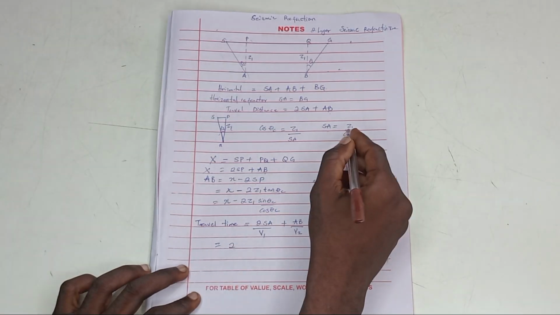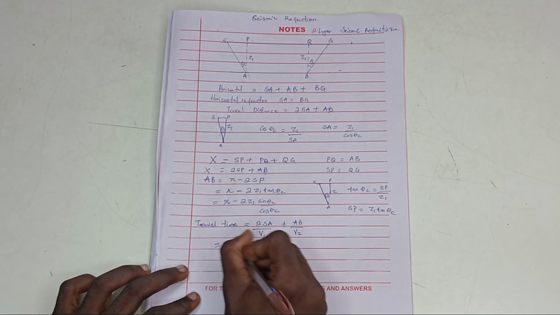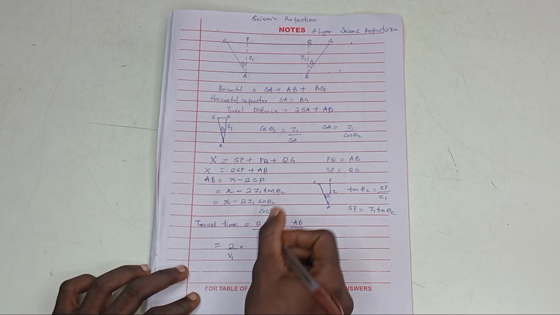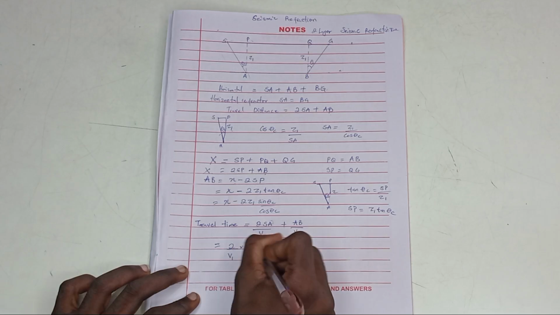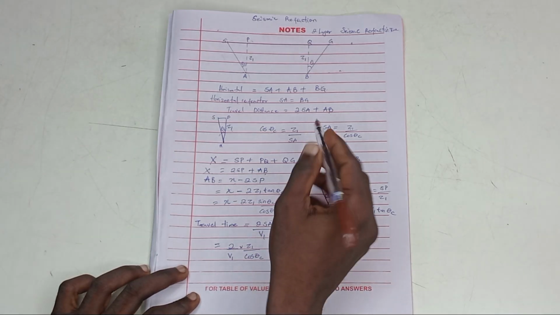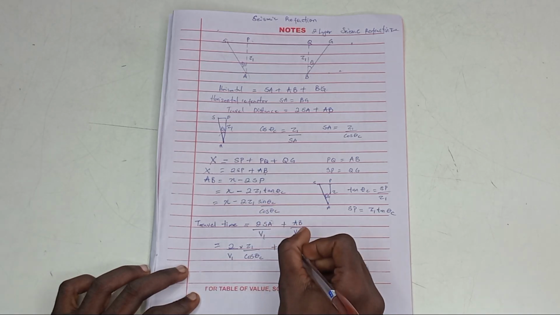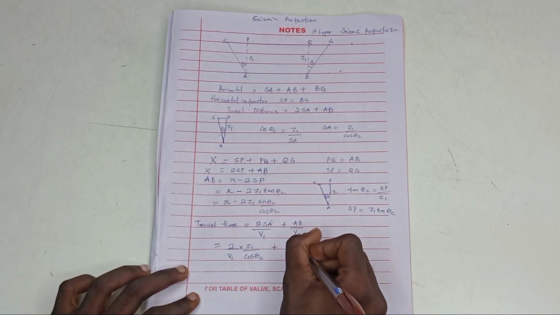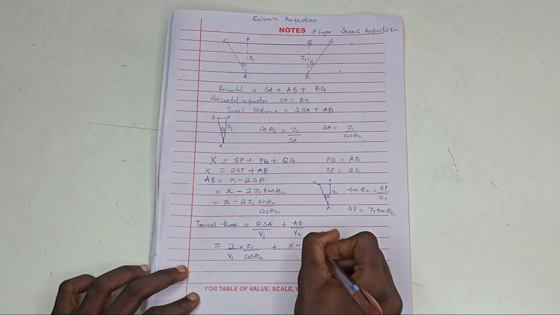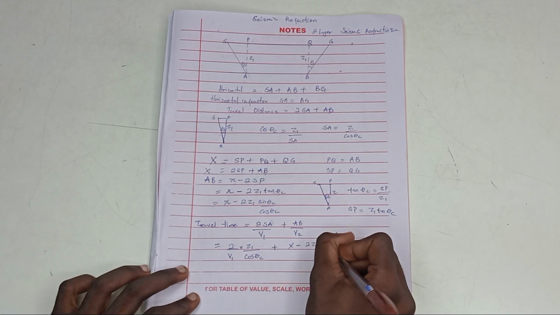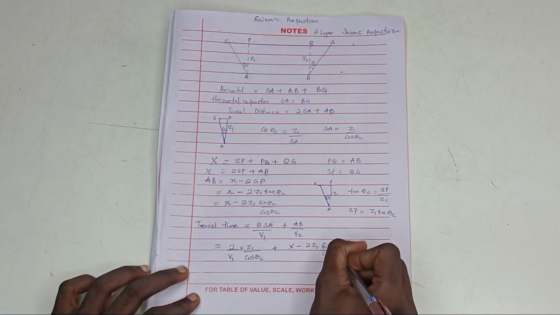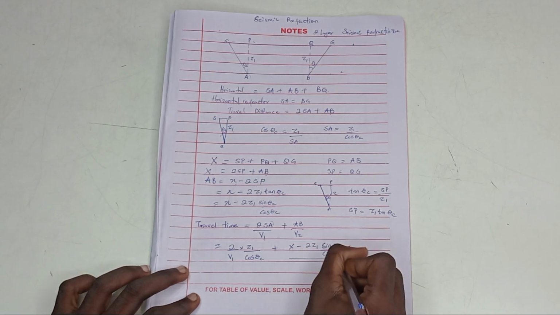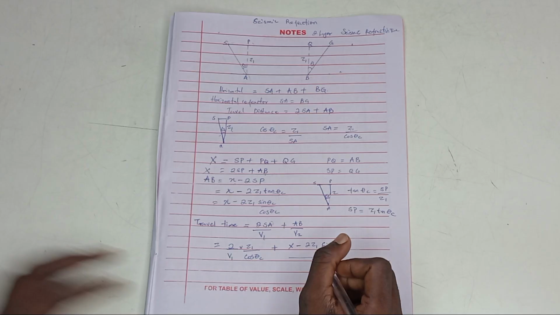Okay, so now let's substitute in our travel time equation. SA became Z1 over cos theta C. So 2 over V1 times SA, which is Z1 over cos theta C, plus AB. Our AB is now X minus 2Z1 sin theta C over cos theta C, everything over V2.